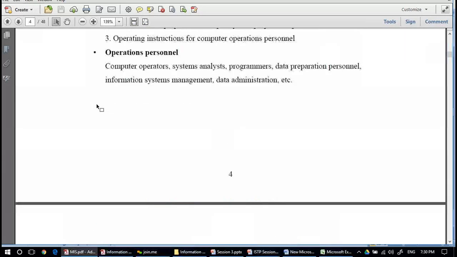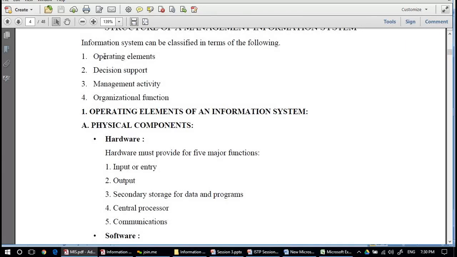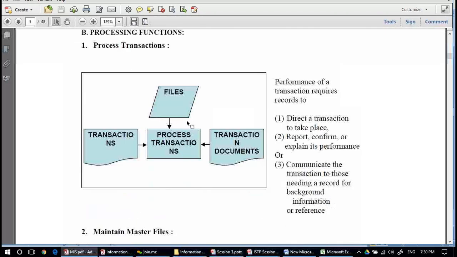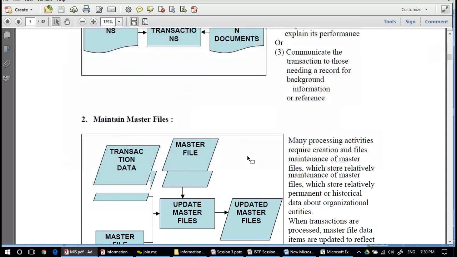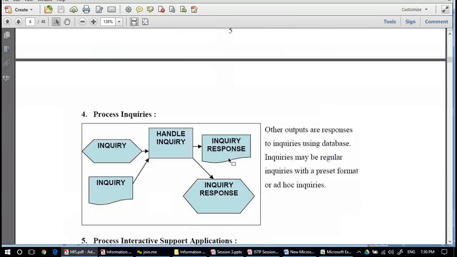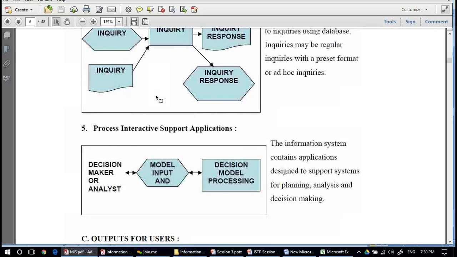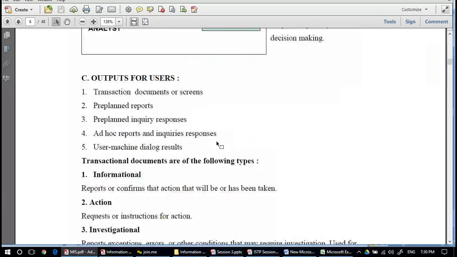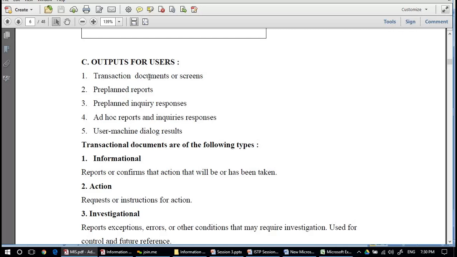and probably those operating elements could involve the processing functions like processing transactions, maintaining master files for the particular transactions, producing reports, producing inquiries, processing inquiries, processing interactive support applications, and outputs to the users. Outputs may include transaction documents, preplanned reports, preplanned inquiry responses, ad hoc reports, inquiry responses, user machine dialogues.